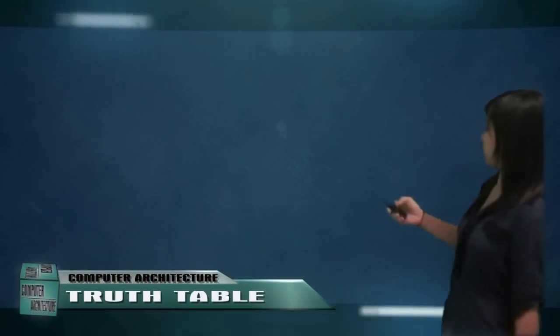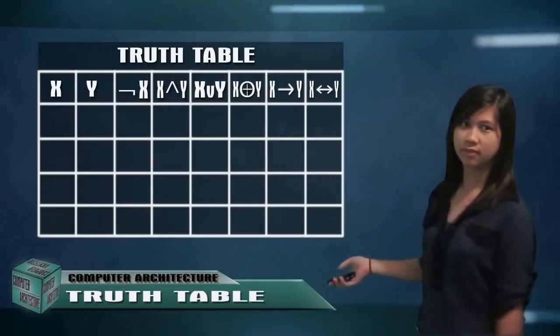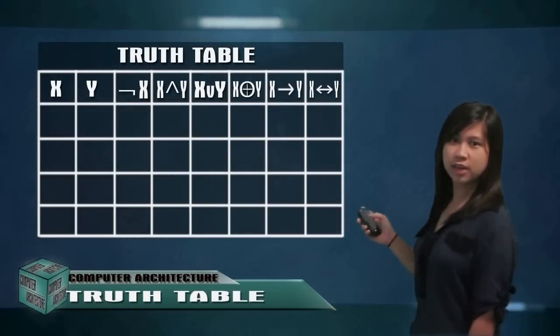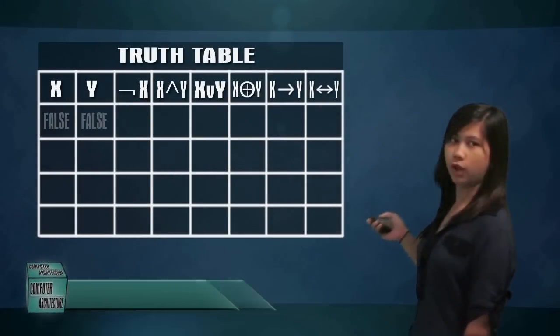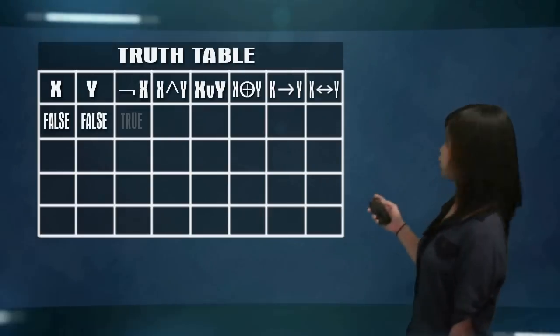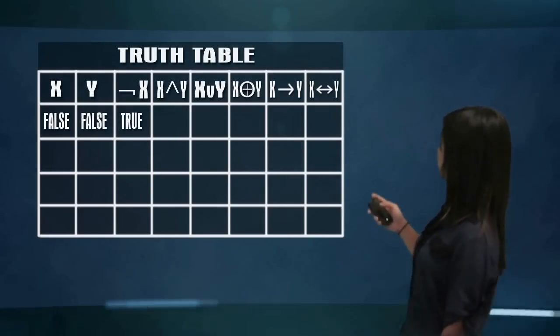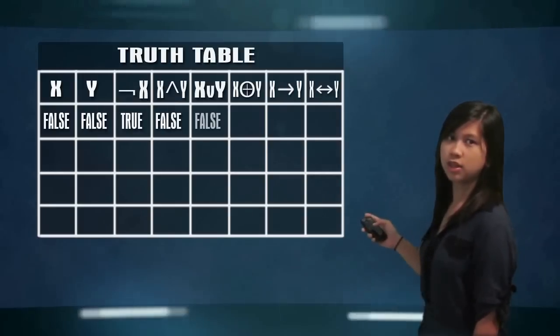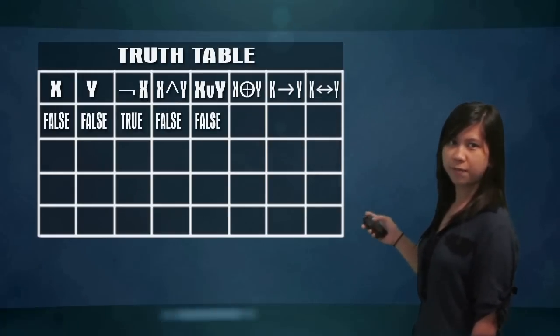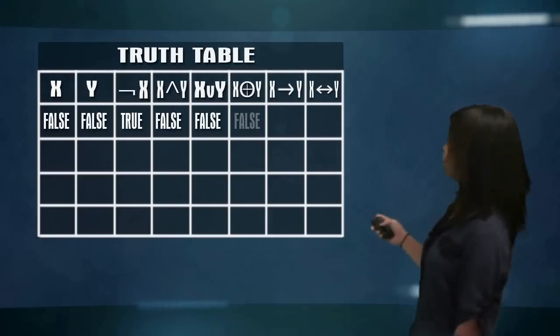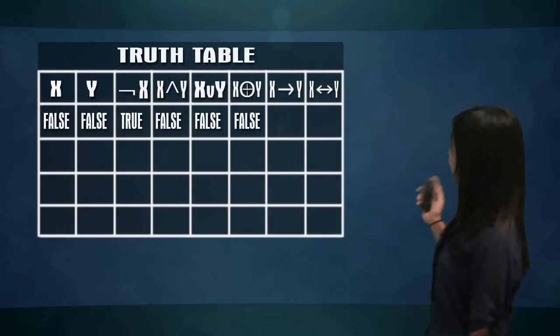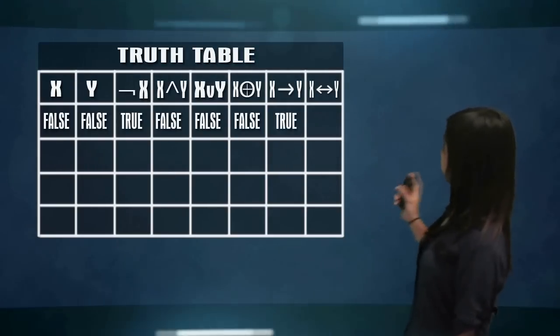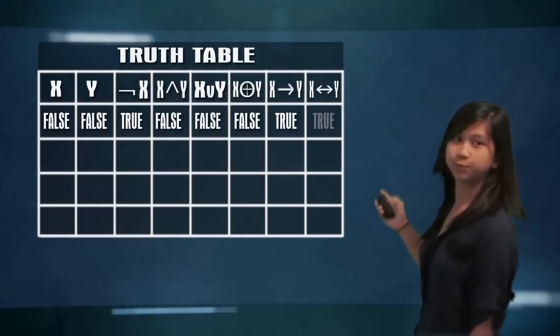And this is the truth table. If X and Y are both false, not X is true, X and Y is false, X or Y is false, X or Y but not X and Y is false, X implies Y is true, X is equivalent to Y is true.